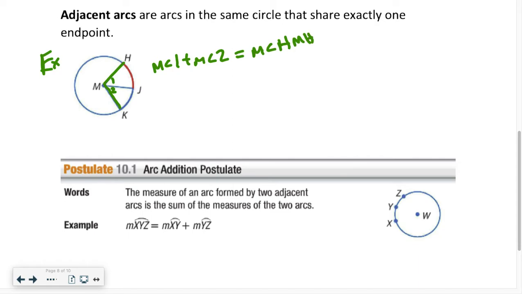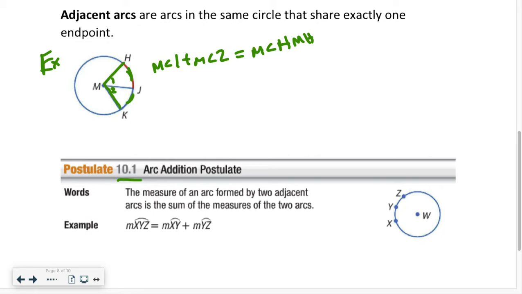So it would make sense that if you took the arc HJ and added JK, you would get the arc HK. Okay, so that's what postulate 10.1 says. It's the arc addition postulate. The measure of an arc formed by two adjacent arcs is the sum of the measures of the two arcs.